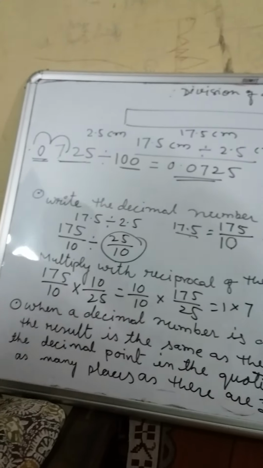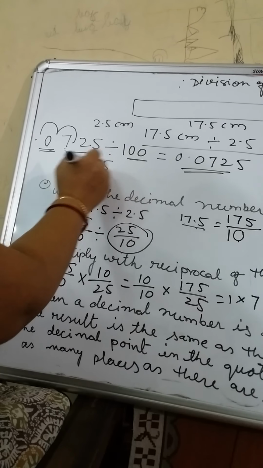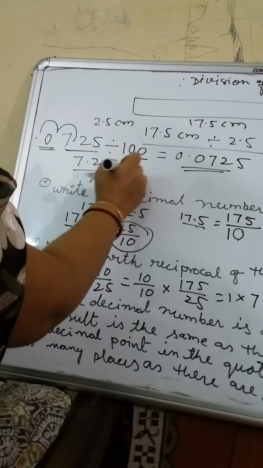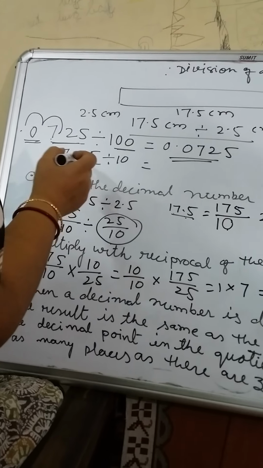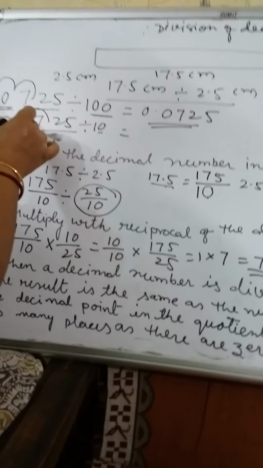So you can see it's very easy. Say 7.25 divided by 10. How many places will the decimal shift? 1 place. So your decimal will come here.